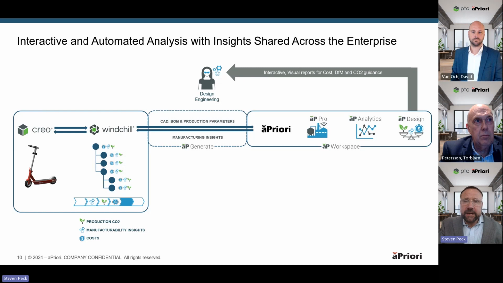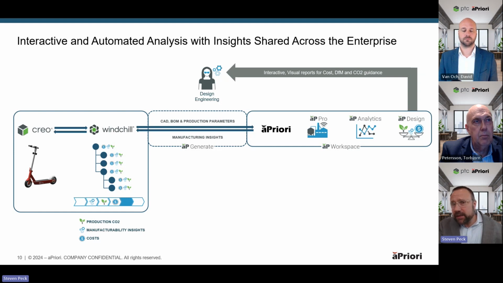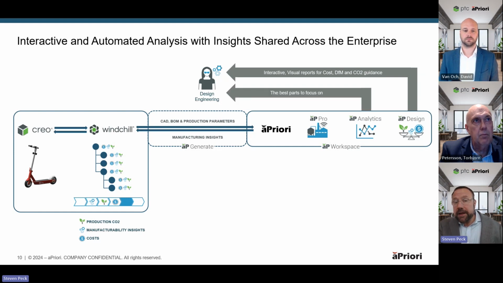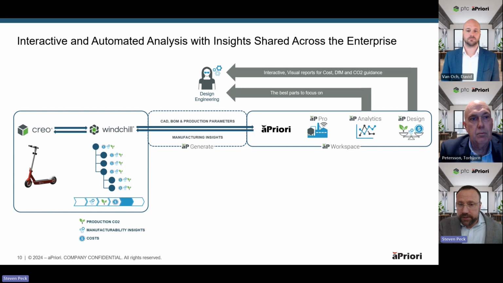When we look at the designer, at the time of design, being able to interact with the CAD data that they're working with on a daily basis, spending 8 hours in CAD designing product, getting feedback on cost and where they stand from a CO2 standpoint, making sure that they're hitting targets and making the best decisions, and knowing where to focus, right?